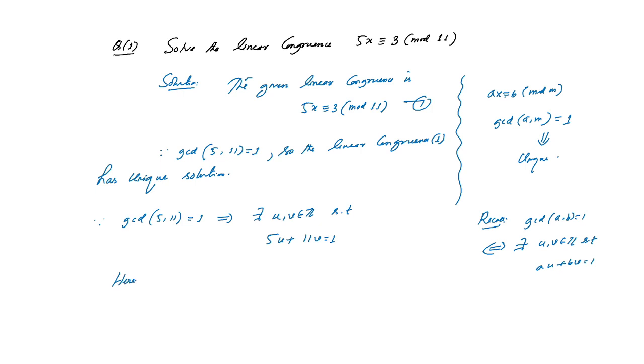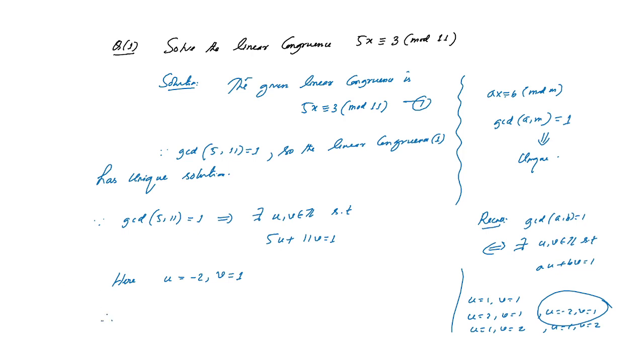Now you solve with the help of the Euclidean algorithm. Here u will be minus 2 and v will be 1. You can check this simply.